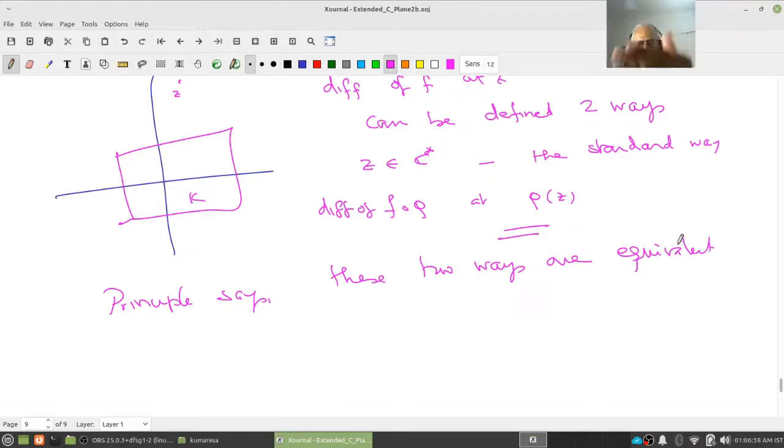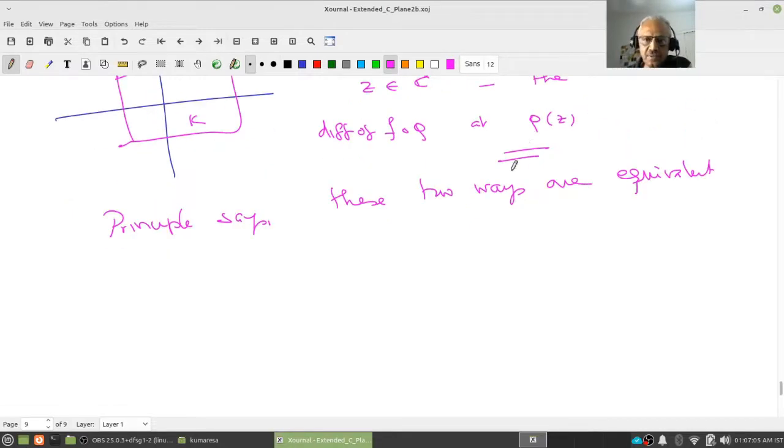Differentiability with respect to the first, standard way is if and only if it is differentiable with respect to the second way, using our principle, the map phi. Please understand, I know I am pushing you a little far because I am trying to prepare you for the study of manifolds and for the study of Riemann surfaces, etc. So this is a very good point.